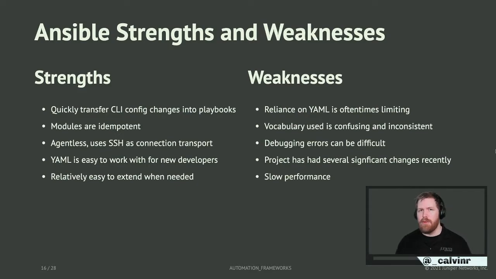And idempotent is a word you might hear a lot about when talking about automation. If you don't know what it means, it somehow became a loaded term between groups as well. But Calvin's definition is it basically allows you to execute the same playbook with the same tasks against a device continually, and if that change wasn't going to actually make a difference on the device, it won't actually make that change.